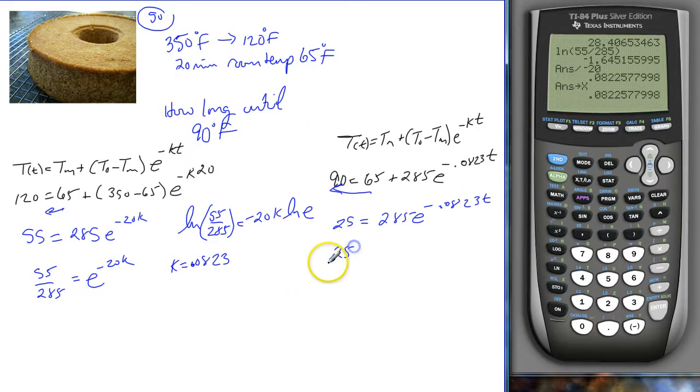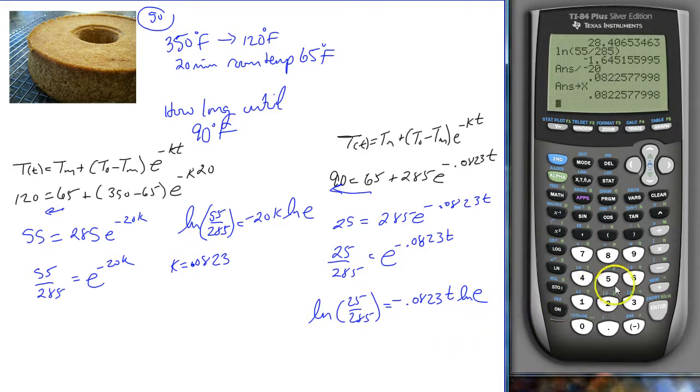Divide. Natural log. And calculator. ln of 25 divided by 285.